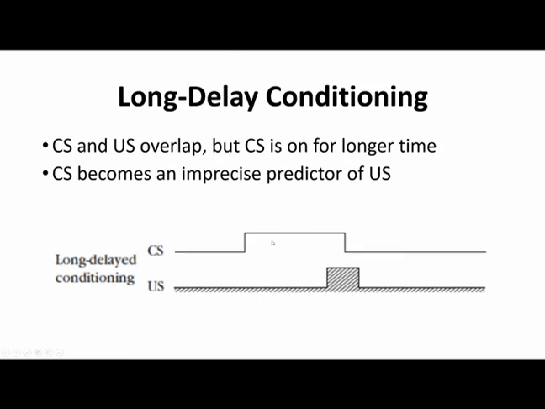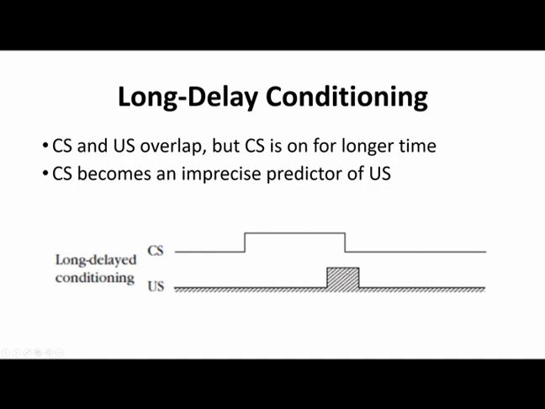Our long delay conditioning basically looks like a dragged out version of our short delay conditioning. So our conditioned stimulus starts, but instead of it only being short, say the same length as our unconditioned stimulus, it's going to drag out. So our CS is on for a much longer time. There's still this overlap here where our conditioned stimulus is still on when the unconditioned stimulus is presented.